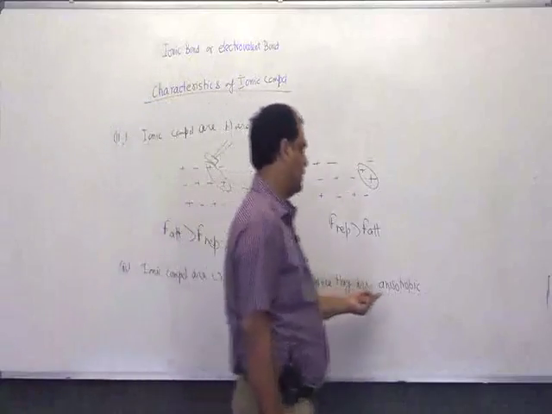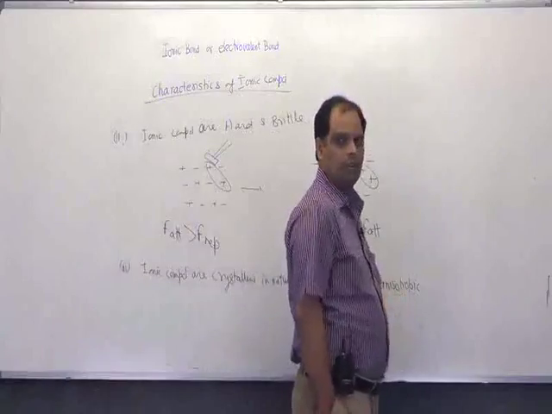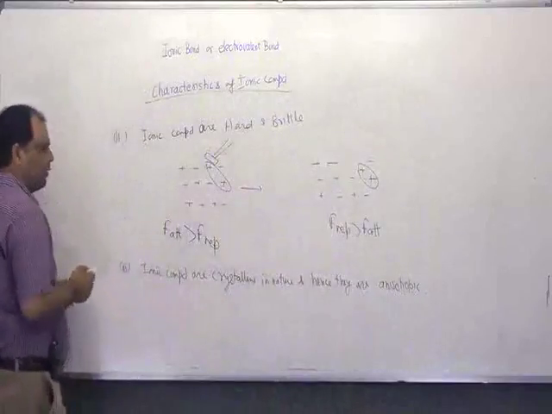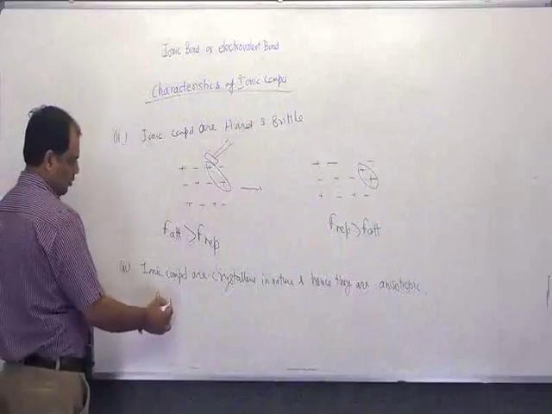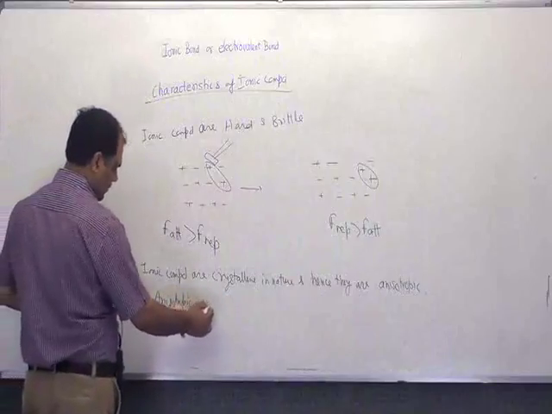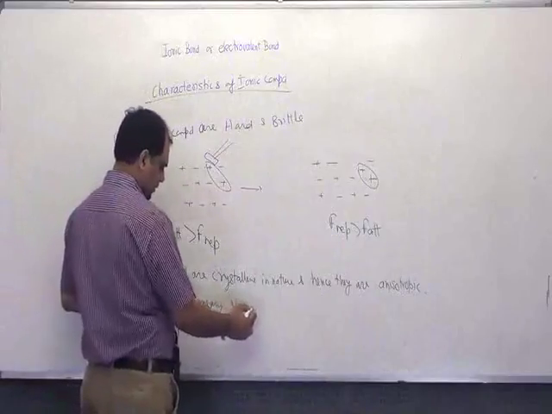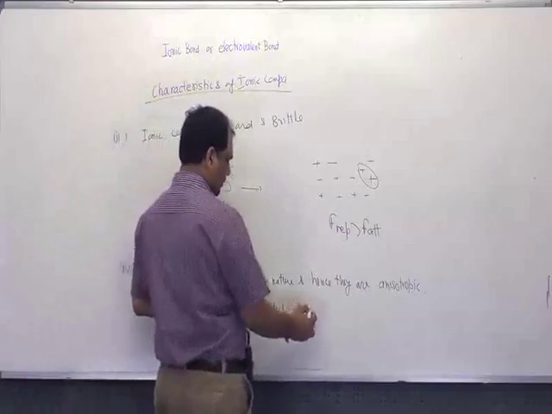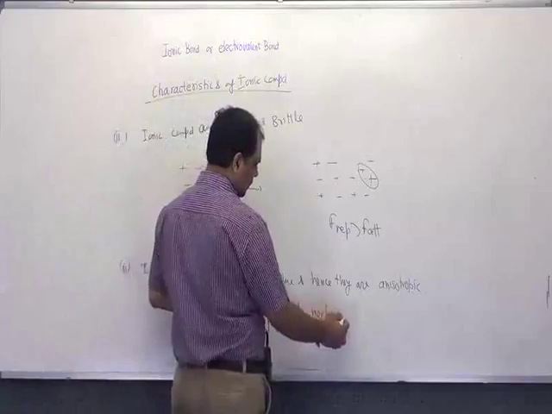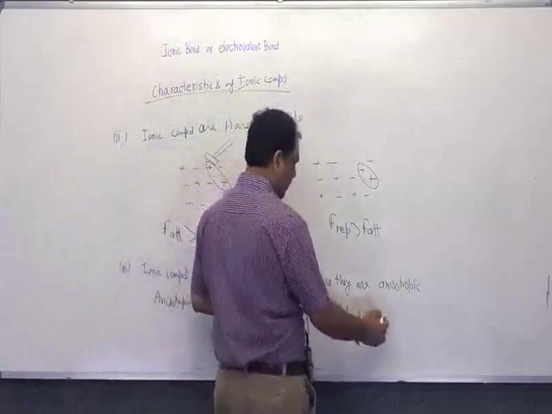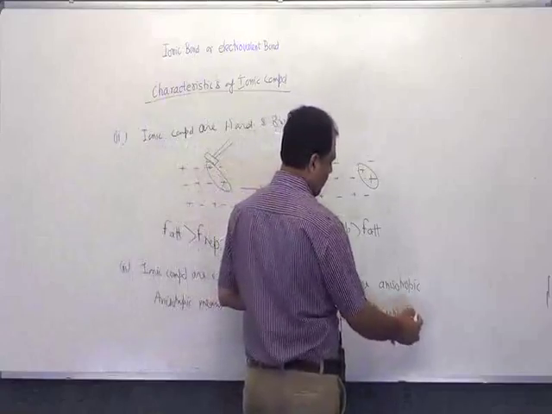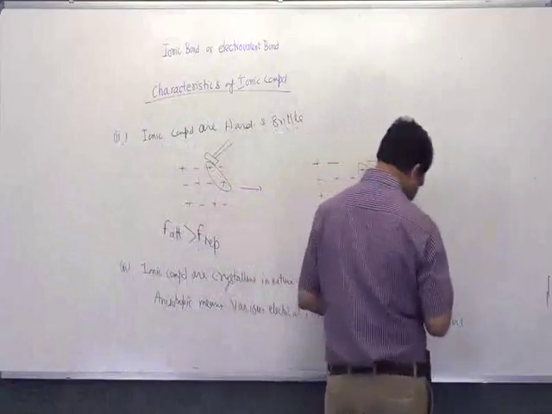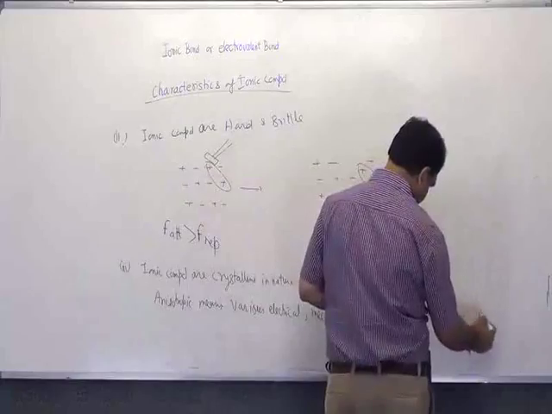And there is one more important property of crystalline solids: anisotropy. Anisotropy means various electrical, mechanical and magnetic properties are direction dependent.